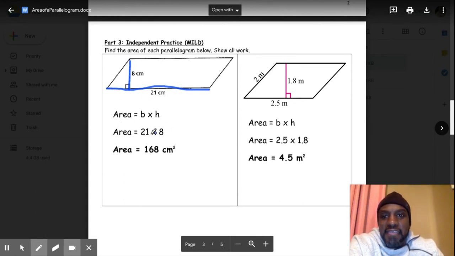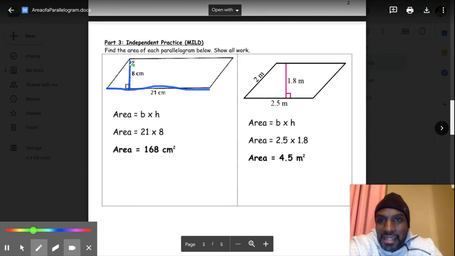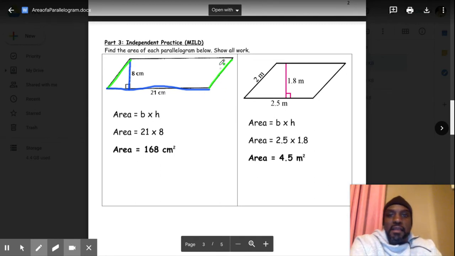The height is 8. 21 times 8 is 168 centimeters squared, okay? Good. That's the area. Now, it would be hard for me to calculate the perimeter, which is the distance around, because I did not give you the length of the slant height. So you can't calculate the perimeter of this because you don't have the length of that slant height right there.